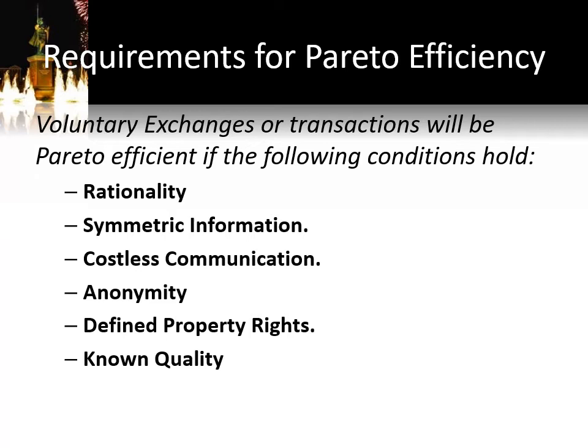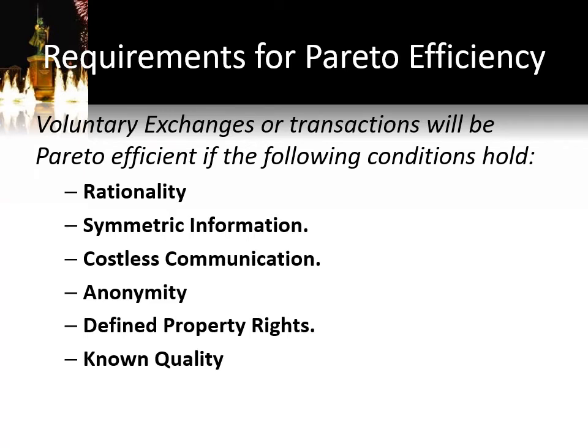Okay. So that one aside, we have some other conditions. The next one is symmetric information. For a transaction to be mutually beneficial, there's the assumption that symmetric information exists, right? Call it an assumption that it exists or a requirement that it exists for us to be sure it's mutually beneficial.